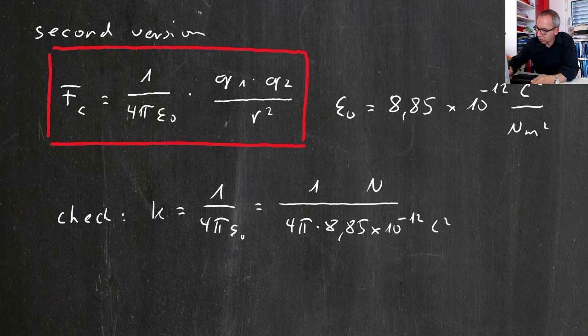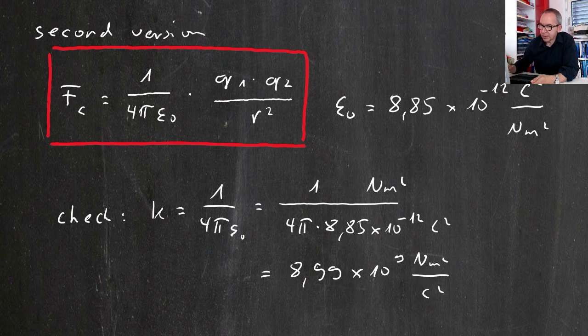With the units coulomb, newton, meter squared, you will get these 8.99 from above, times 10 to the power of 9 newton meter squared over coulomb squared.